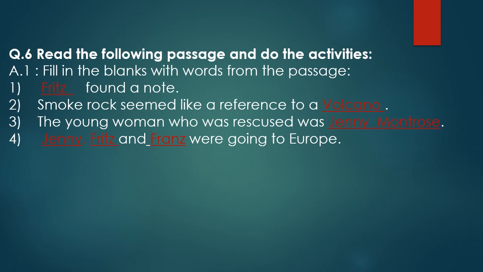Fill in the blanks with words from the passage. So you have to find out the words from the passage. Again, I'm repeating here that if you have read the lesson, you will know in which para the answers are. So see the first one, students. Dash found a note.